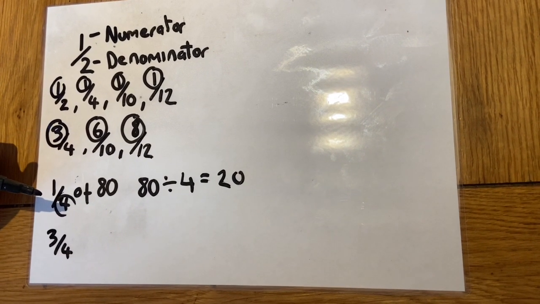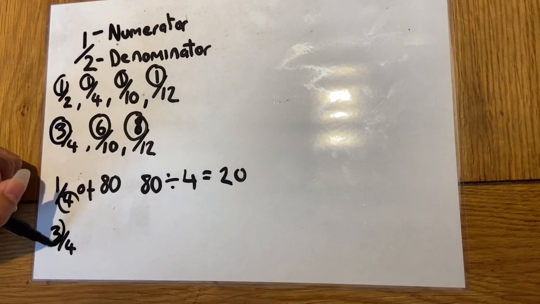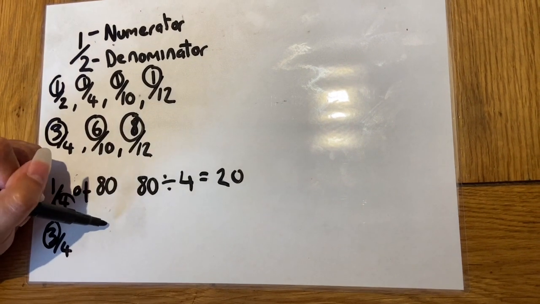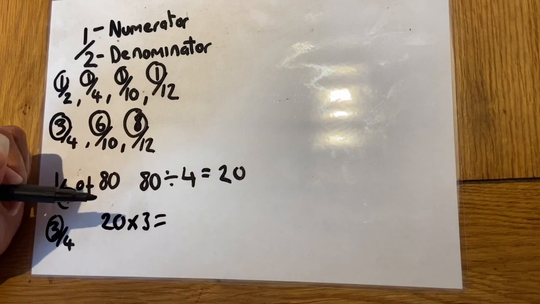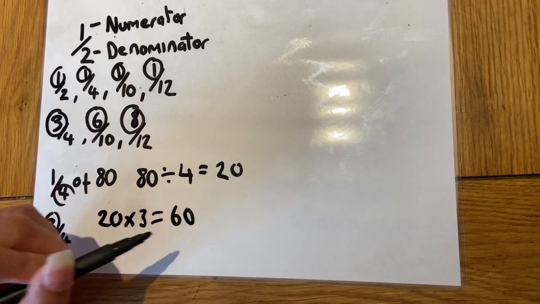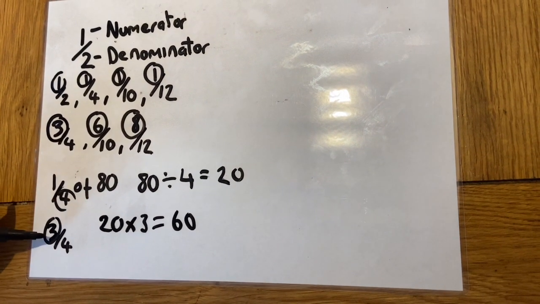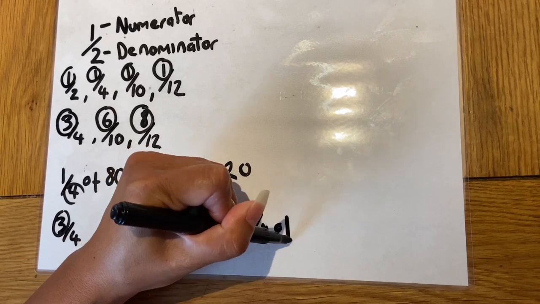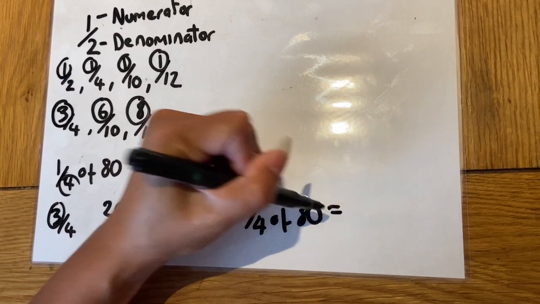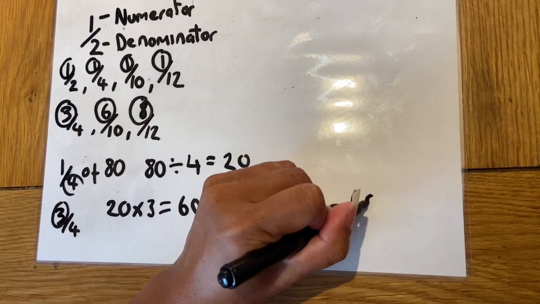In this example, the numerator is 3. So 20 times 3 equals 60. So 3/4 of 80 is 60.